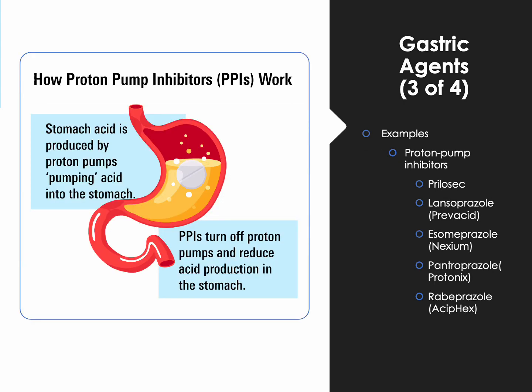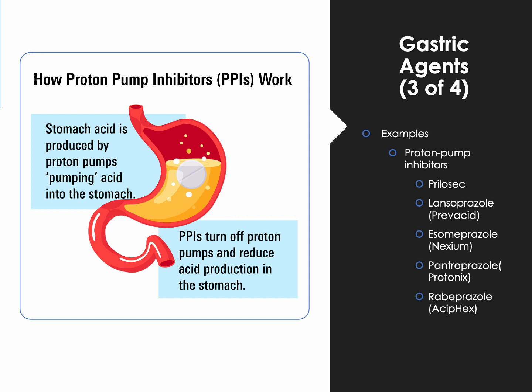So another class of gastric drugs are called proton pump inhibitors, or PPIs. These drugs are also referred to as prodrugs. And prodrugs are those that are given in an inactive form, and then the body helps us by changing them into an active form.